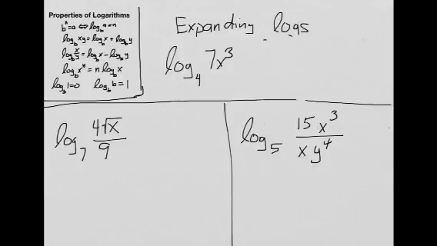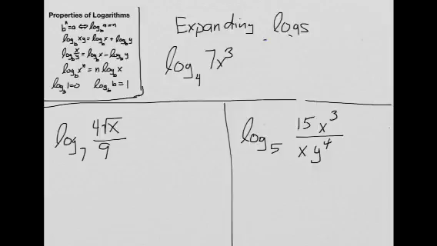I'm going to start with some examples of expanding logs. When we expand the log, we take a log of a bunch of stuff and turn that into many logs. Each log is going to be of a single number or a single variable. Sometimes this will make it easier to work with. When we do this, we're going to be doing order of operations backwards.